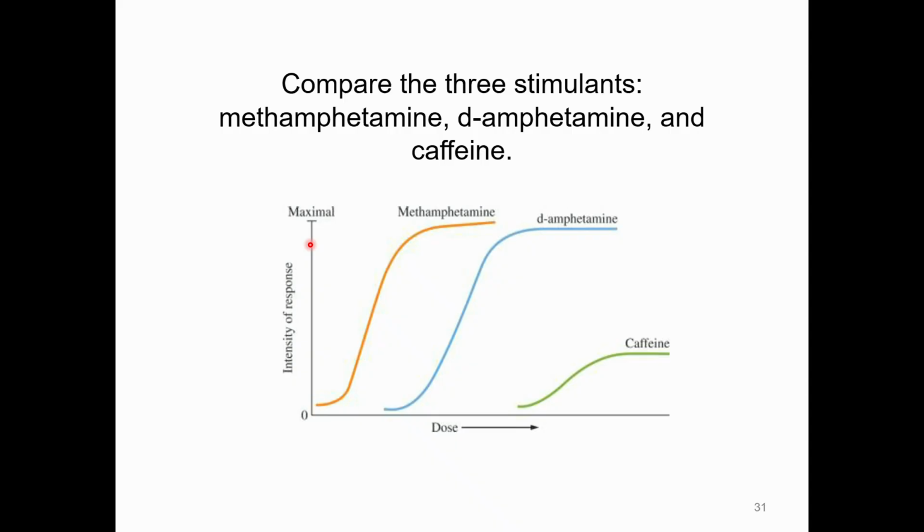Here are three stimulants: methamphetamine, D-amphetamine, and caffeine. And here is how much stimulant activity you get, going from 0 up to maximal, and the dose. Who thinks that methamphetamine and D-amphetamine have similar efficacy?